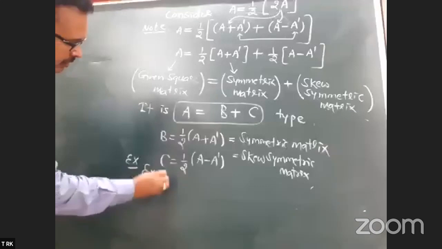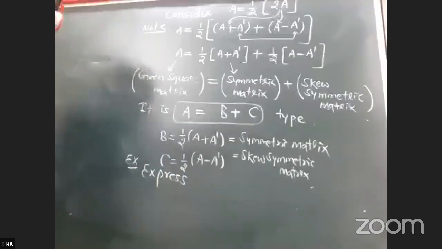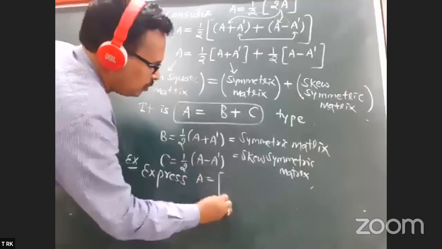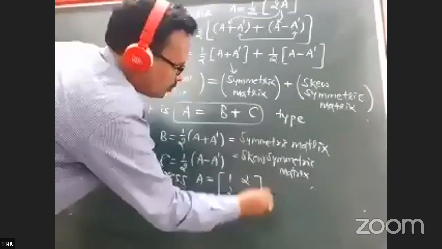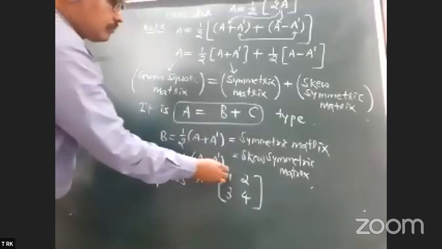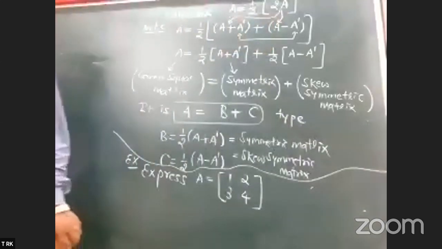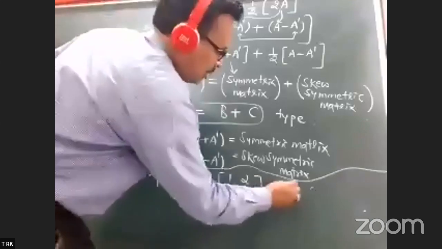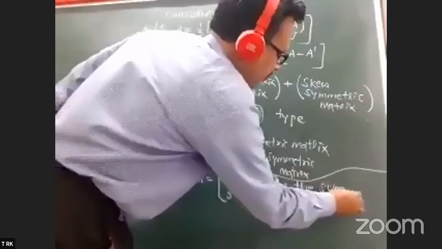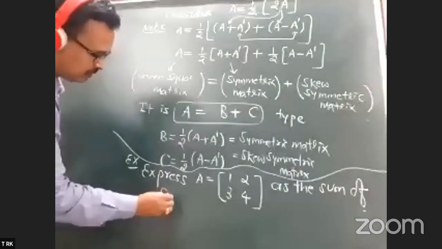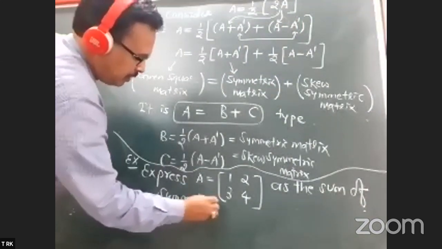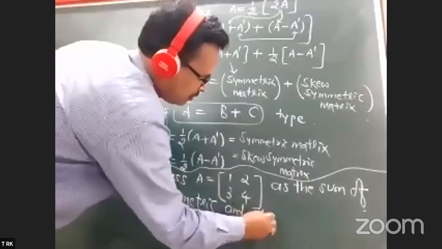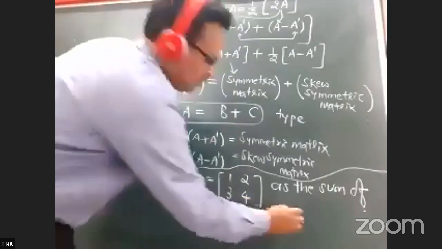Example: express A is equal to 1 2 3 4 as the sum of a symmetric and a skew symmetric matrix.